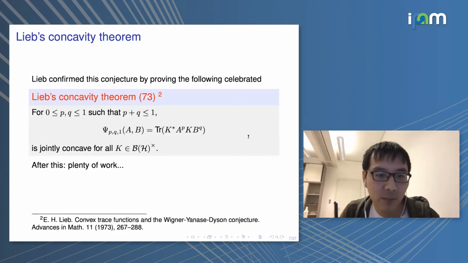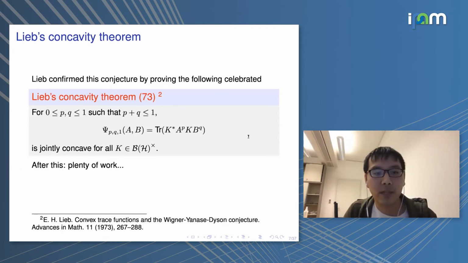And this theorem tells us that whenever p and q are between 0 and 1, such that p plus q is smaller than or equal to 1, then this function, using our previous notation, is psi_{p,q,s} with s being 1, is jointly concave.